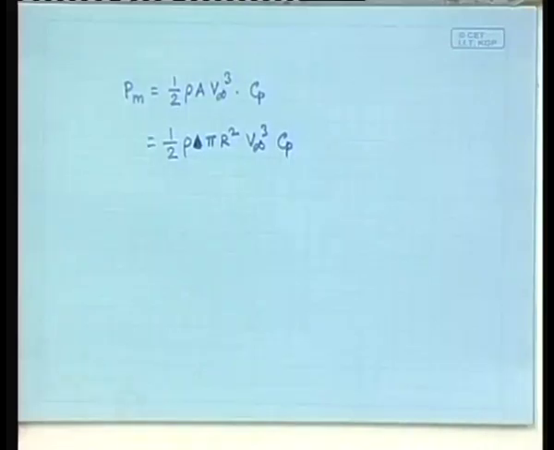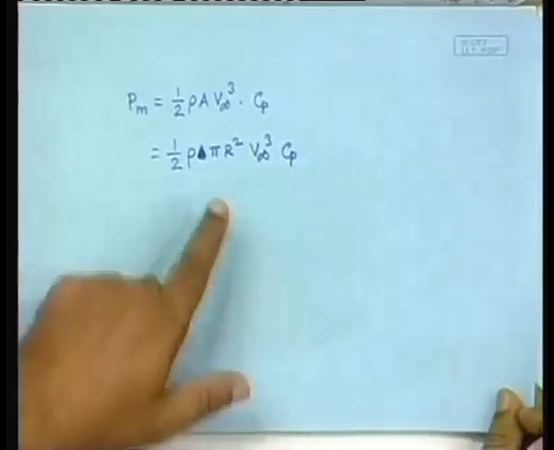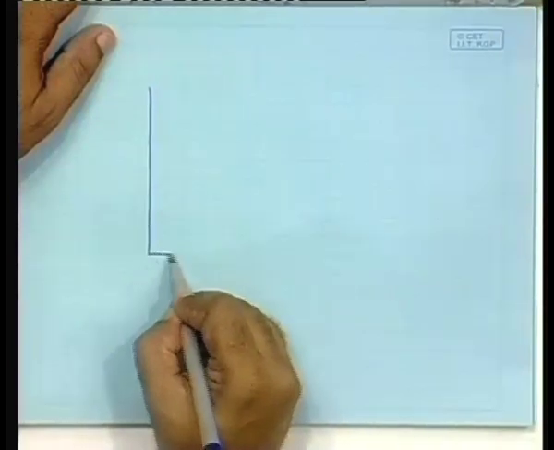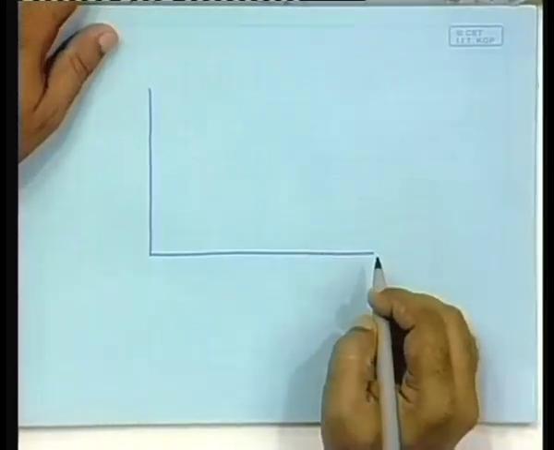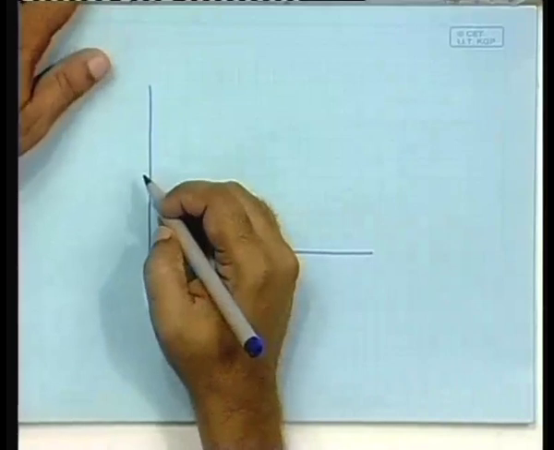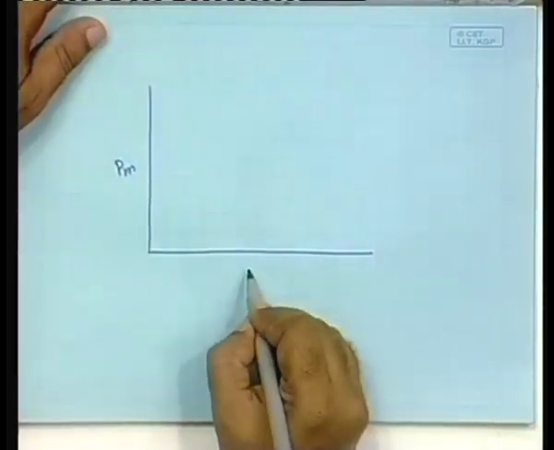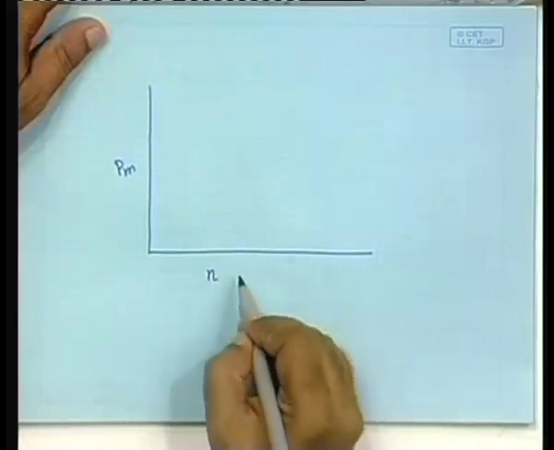Fine. We are trying to find a relation. I will come to this one a little later. Let's see. So now we are trying to construct a characteristic where your Pm is here and here is the n, or rotation speed.